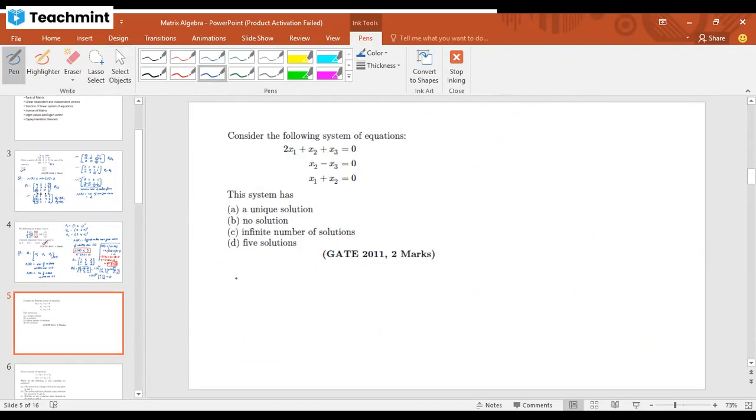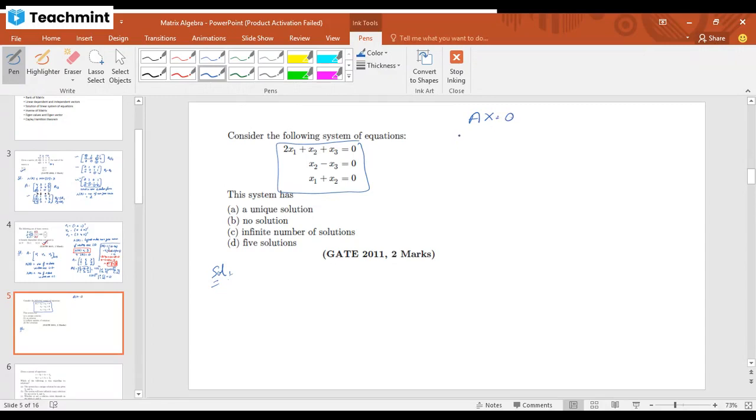In this question, we are given a system of equations, and the question is whether this system has a unique solution, no solution, an infinite number of solutions, or a finite solution. In this case, we are given a homogeneous system. A homogeneous system is of the type AX equal to 0.